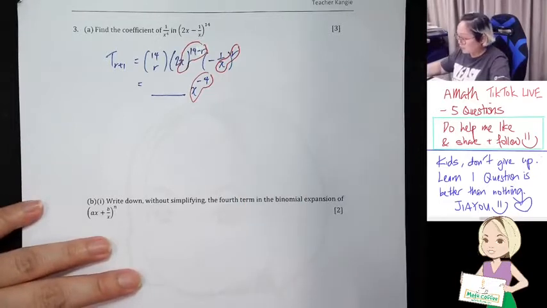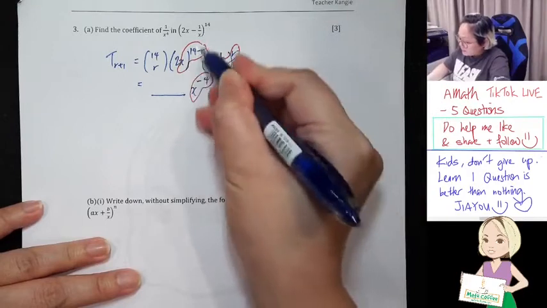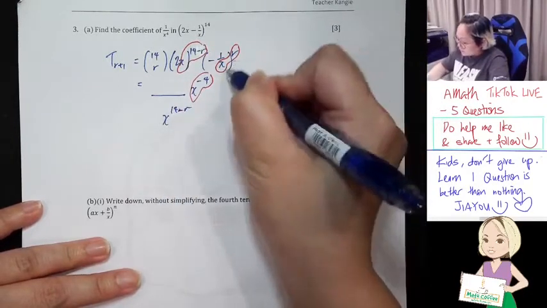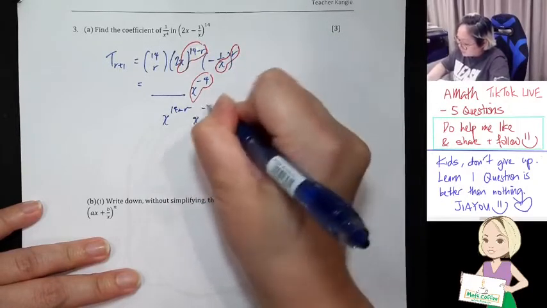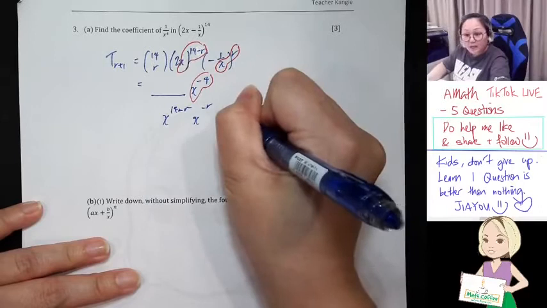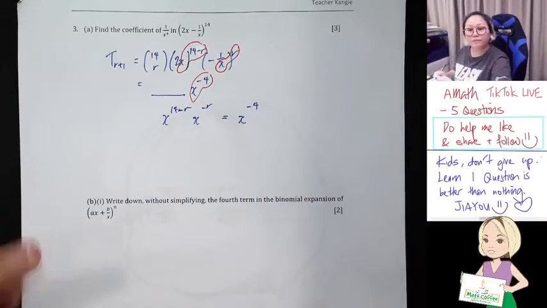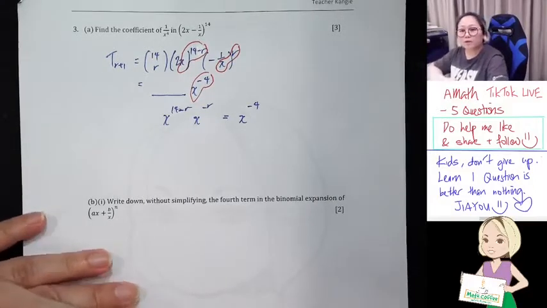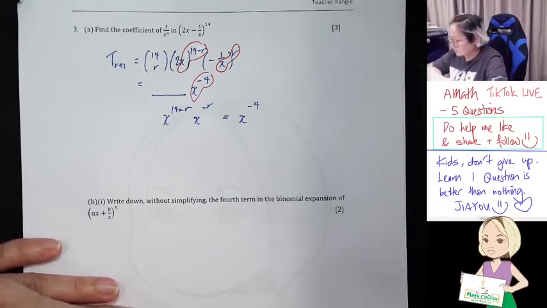So in this case, I'm going to form an equation. Now let's analyze this part. This is x to the power of 14 minus r. This, because it's at the denominator, is x to the power of minus r. So I will make it equal to x to the power of negative 4. This is A math.